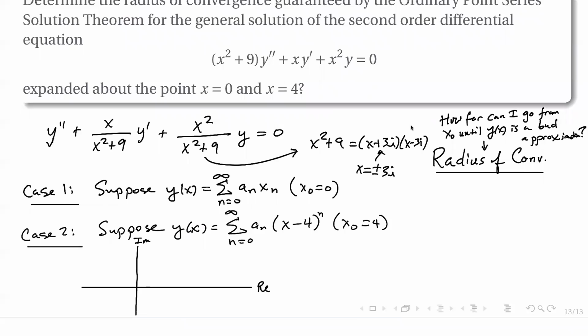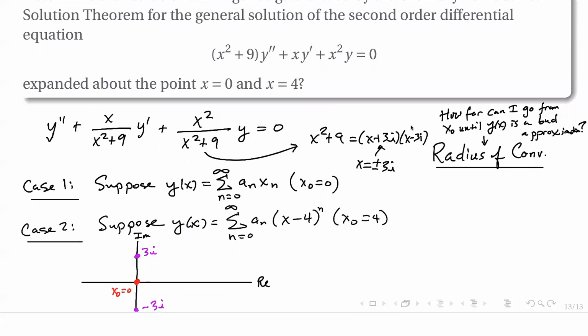Now, where are our roots? Well, the roots of the denominator here are at 3i and minus 3i. So the question you have to ask yourself is, how far is the center point for case 1 away from the roots of the denominator for these two functions?